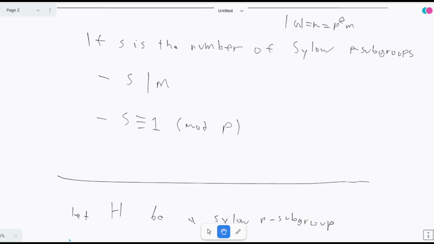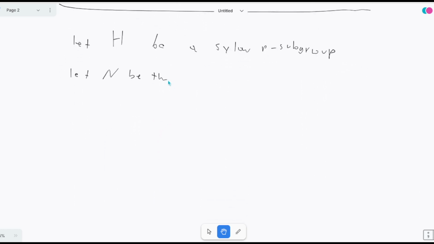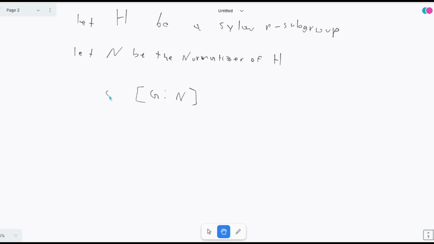And let N be the normalizer of H, so the largest subgroup of G where H is normal. Then the number of conjugates of H will be the index of N in G, which is S.